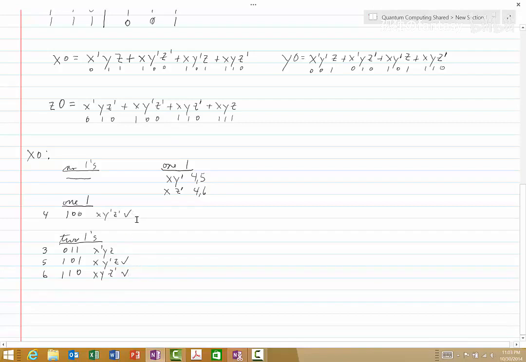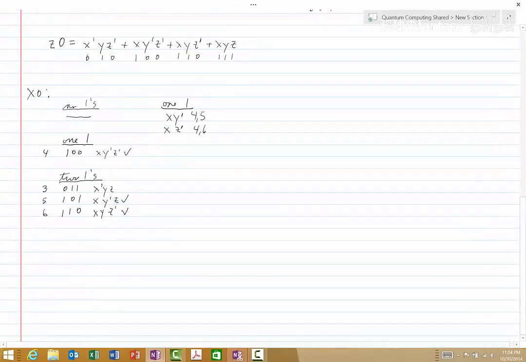That's it. And so now we look at the unchecked terms. I'll put it here. Unchecked terms. And those will be X, Y prime.